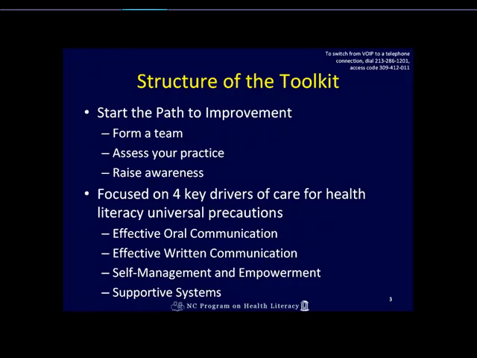The assessing your practice is what we're going to focus on mostly today. Once you've assessed your practice, we've put together a set of tools and strategies focused on 4 key drivers of care for health literacy universal precautions. And we've labeled those as effective oral communication, effective written communication, self-management and empowerment, and supportive systems.